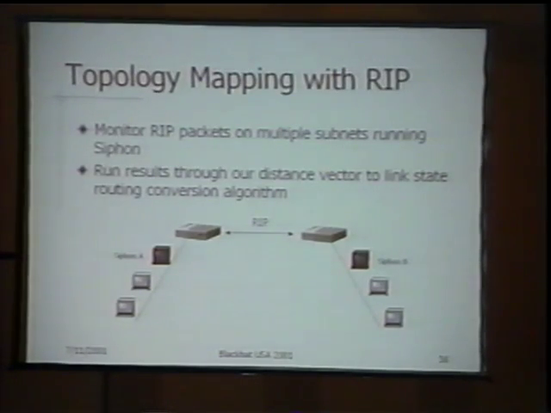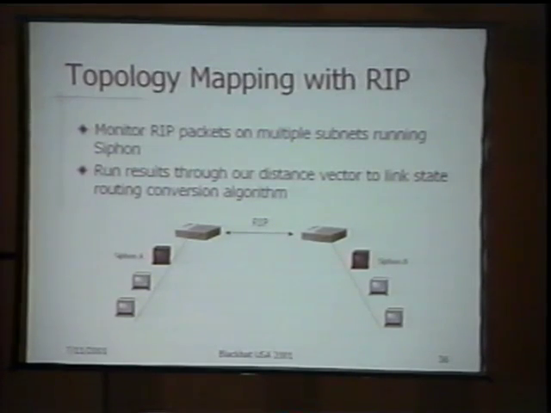And topology mapping with RIP. We could actually estimate, to a small degree, the network layout in general with the data inside a RIP packet by monitoring RIP packets on multiple subnets running Siphon.